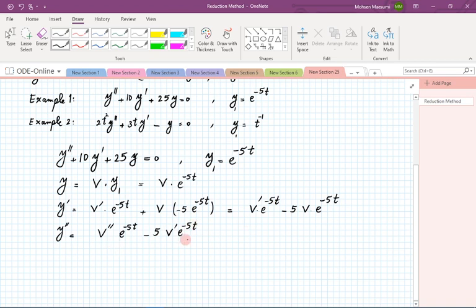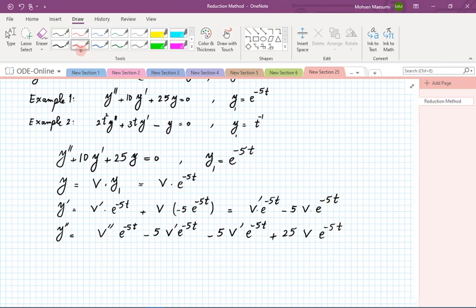So these two are derivative of the first one. Now I have to differentiate the second one. Derivative of the first is going to be v prime. So I have minus 5 v prime exponential of minus 5t. And now derivative of this one is going to give me another factor of minus 5 times this becomes plus 25 v exponential of minus 5t.